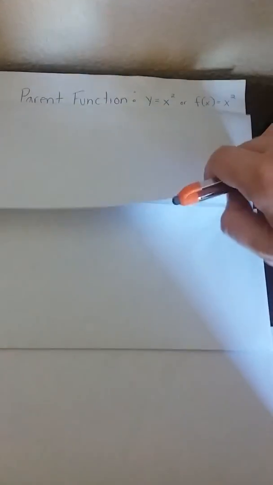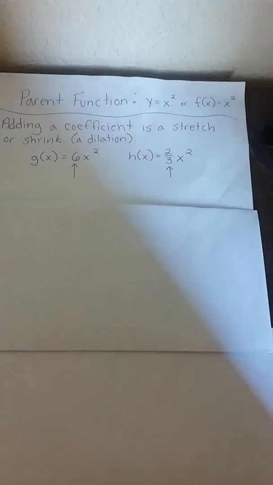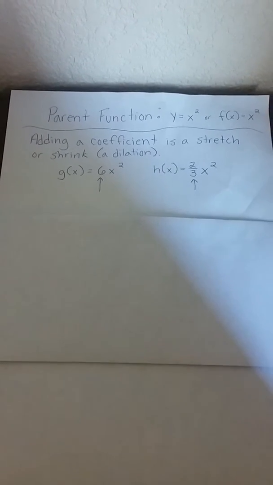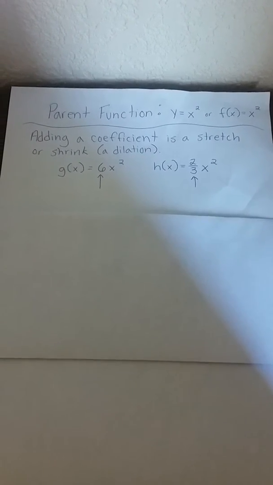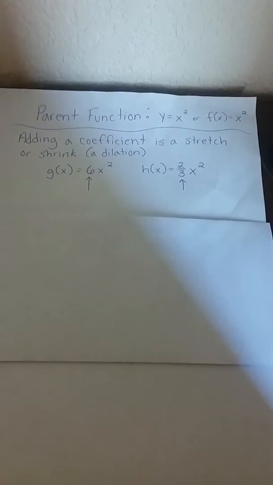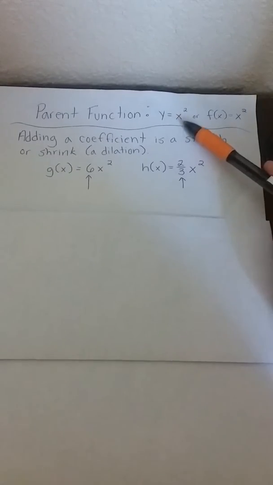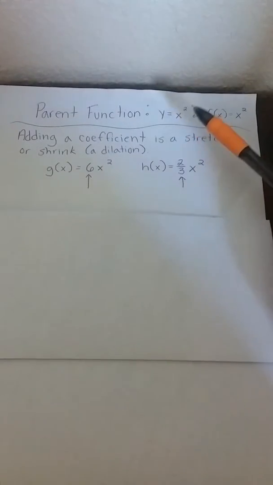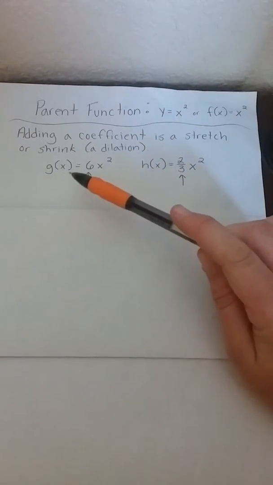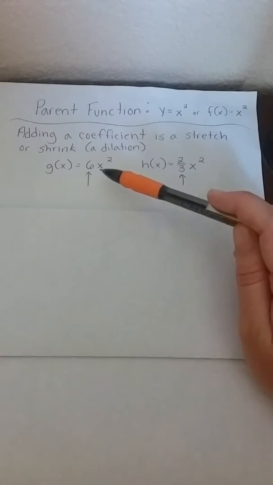The first example of a way that you can change a parent function is by adding a coefficient. Adding a coefficient to a parent function is a stretch or a shrink. It's a dilation. A coefficient means a number in front of the x squared, a number that's being multiplied by the x squared. So for example, here in this function, we have g of x equals 6 times x squared.